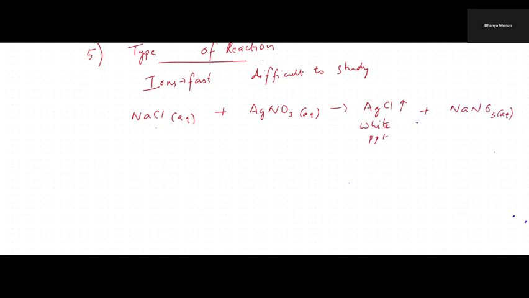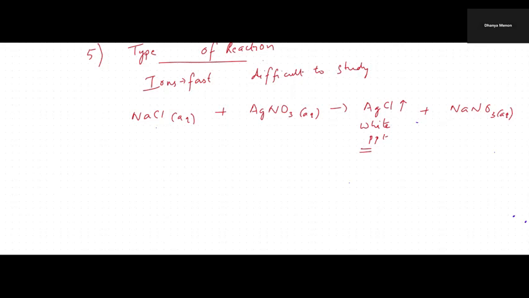Here it involves the formation of precipitate, right? All precipitation reactions are very, very fast. But covalent compound reactions are very slow. Ionic compounds react very fast, so it is very difficult to study.